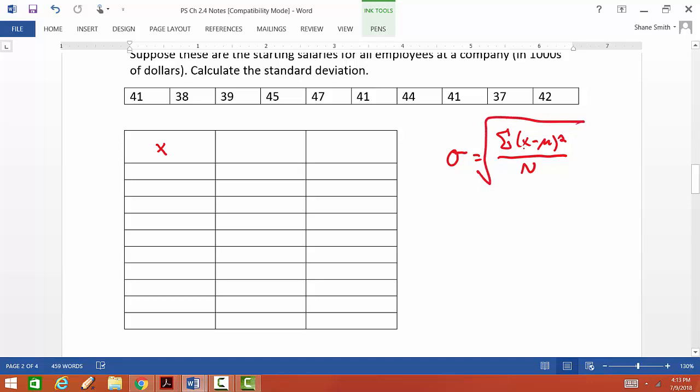Okay, so the first thing is x minus mu, which is the deviation. Each column is for each part in the summation. x is simply the data values, so I'm just going to list them from least to greatest.